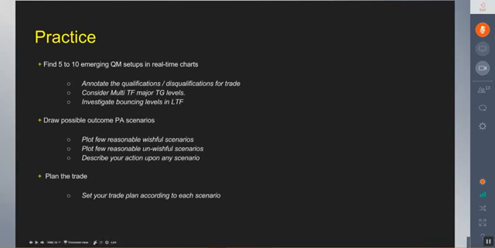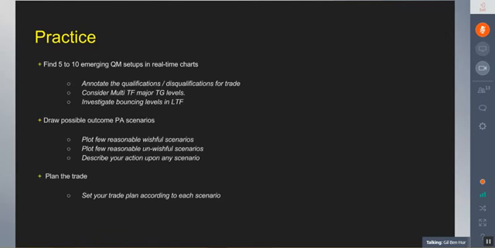Yeah. Right. Okay. So the next part of the drill is once you find your formation and you've qualified it, then draw your possible outcomes, and do it by imagining the possible price action scenarios, how things will happen.